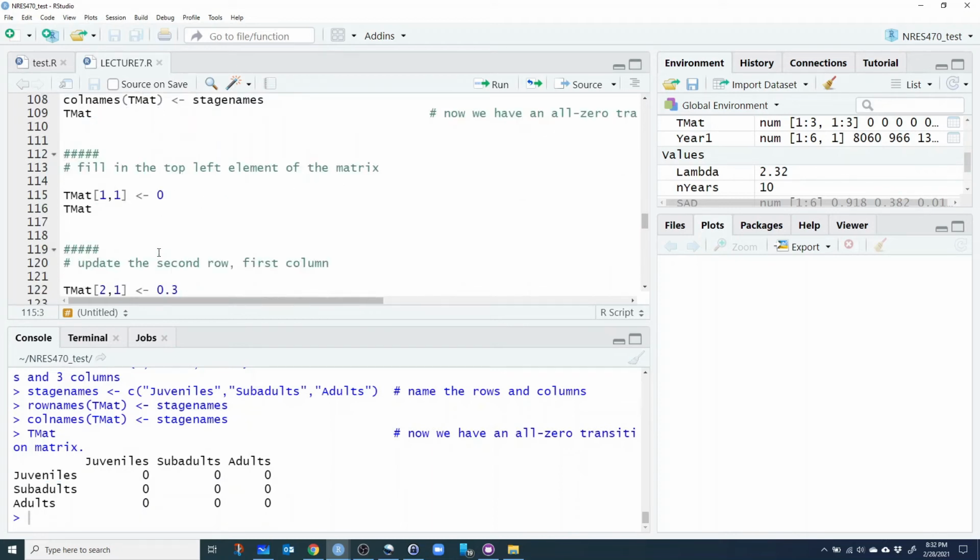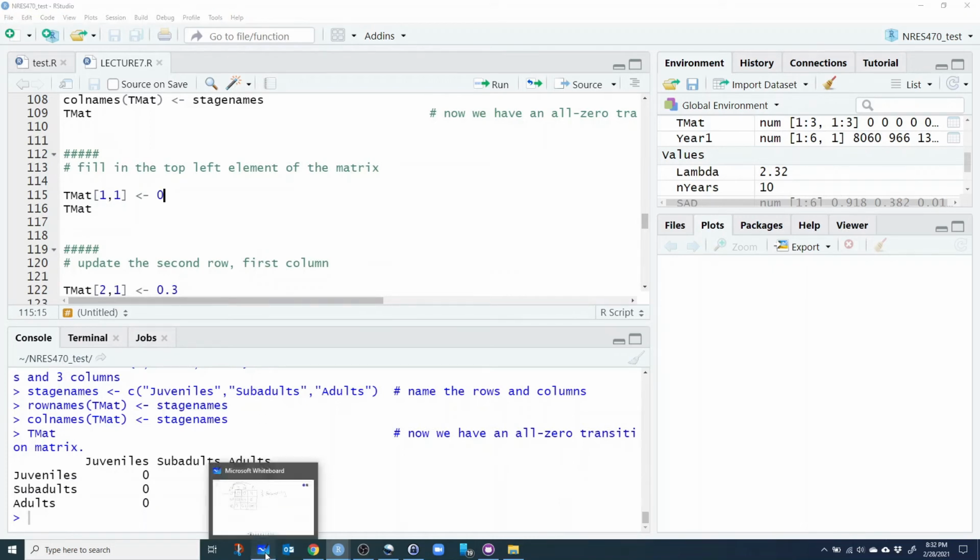So we know, for example, that the first row, first column is going to be 0. Even though it already is 0 here, we could force it to be 0 again by using this bracket notation, saying take this matrix, take the first row, the first column, and we'll call it equal to 0.